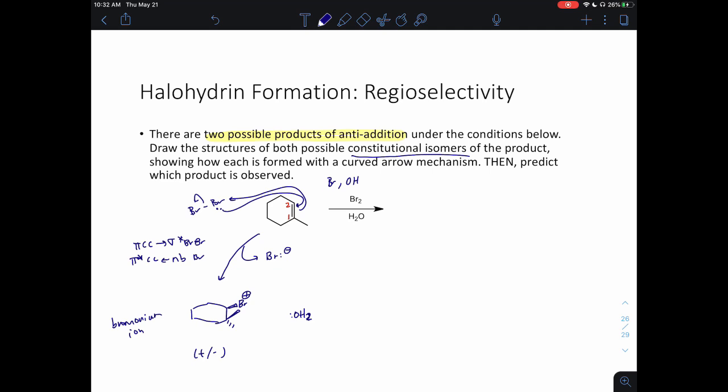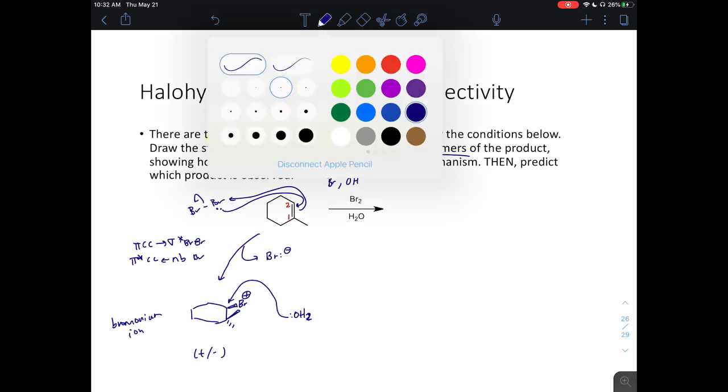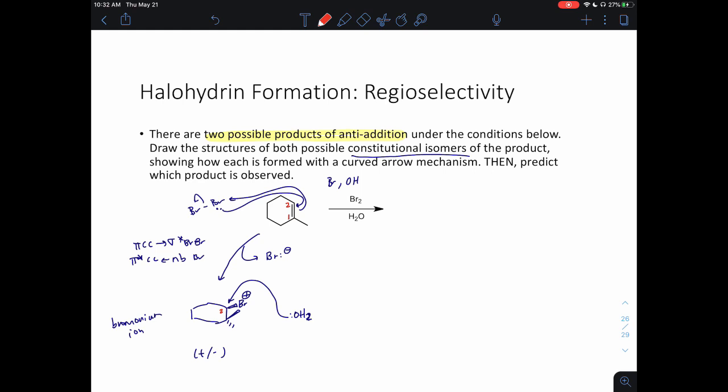So if we attack what I labeled as carbon 2, that will generate an intermediate that looks like this.